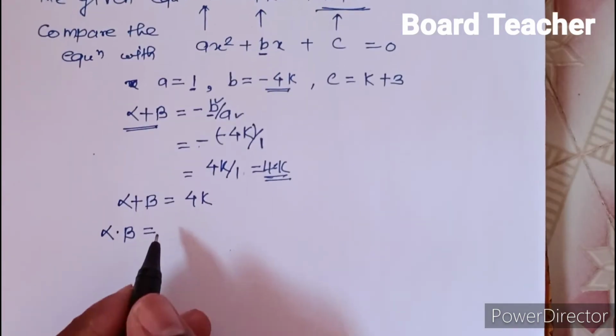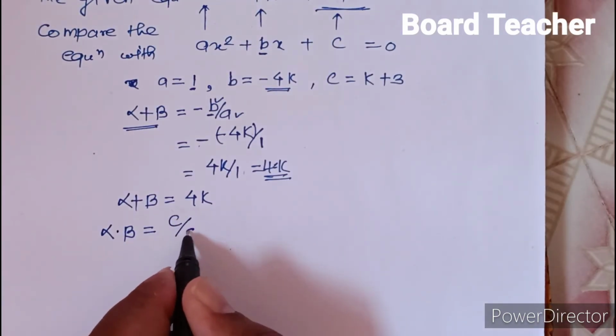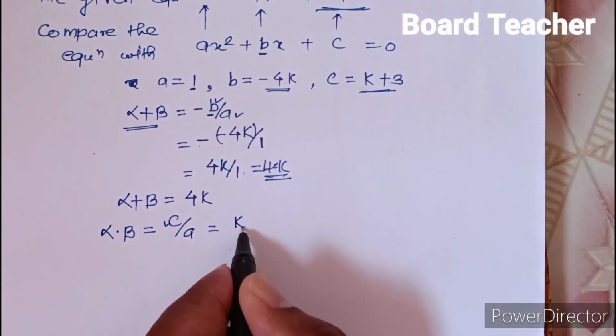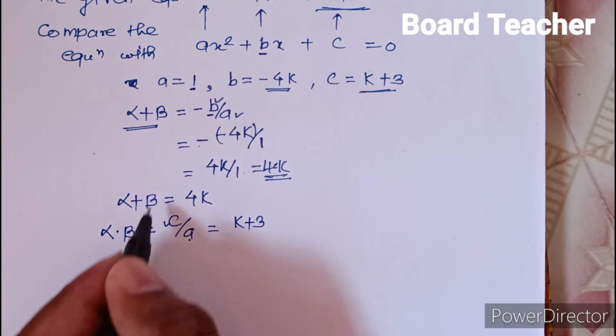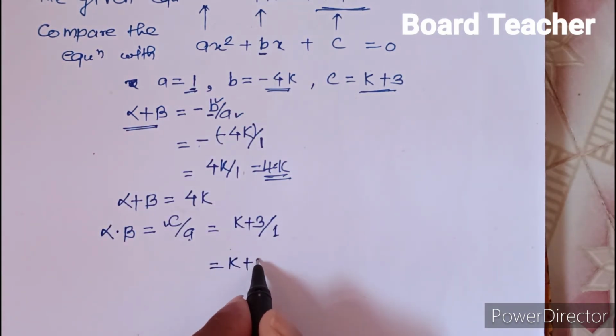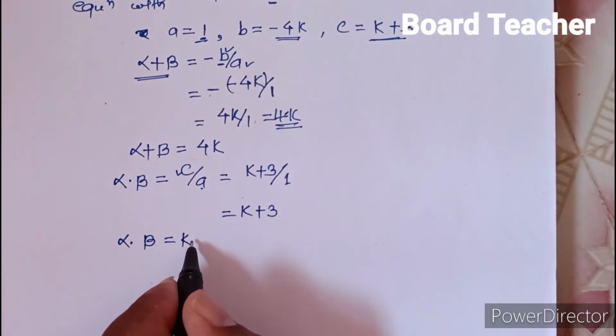Now the product alpha dot beta equals c by a, where c is k plus 3 and a is 1, so divided by 1 equals k plus 3. We get alpha dot beta equals k plus 3.